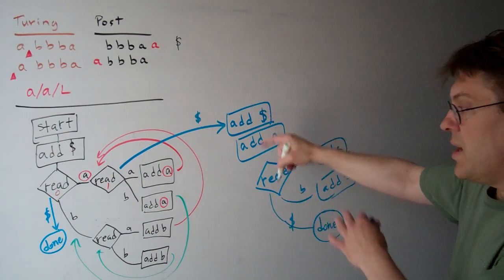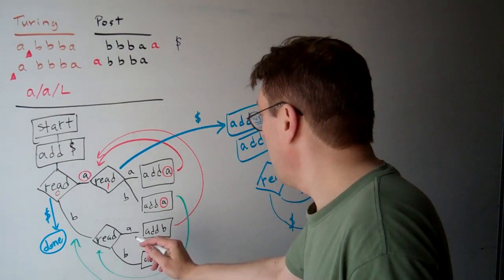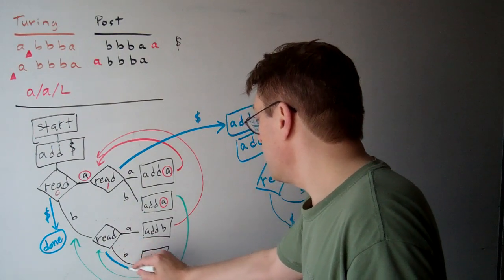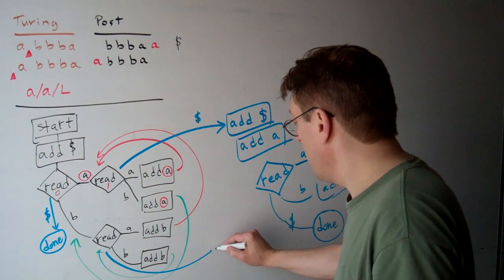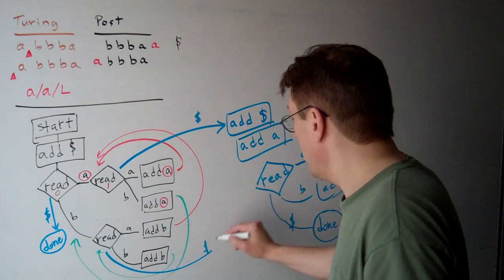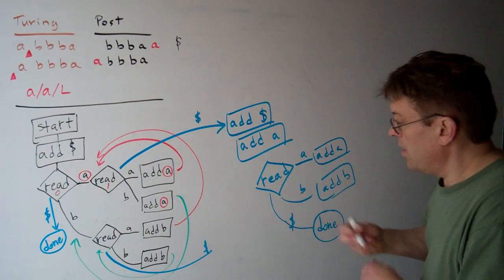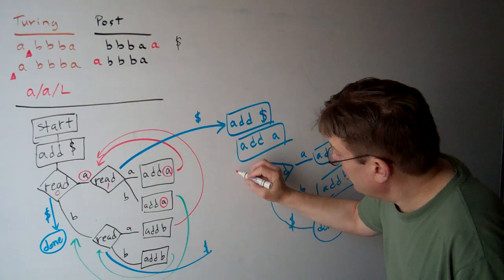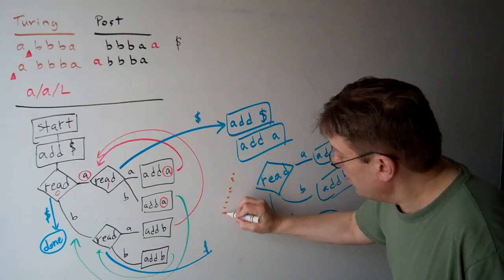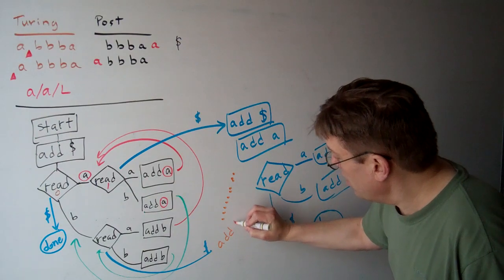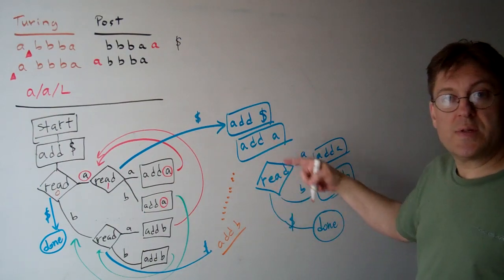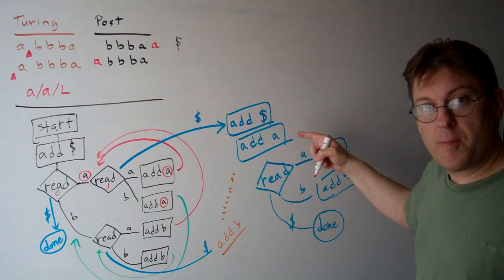We do this whole same thing for if it was a dollar sign on the read B, except this would be an add B. Everything would be the same except we would have an add B here.